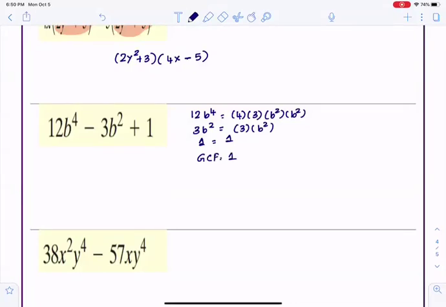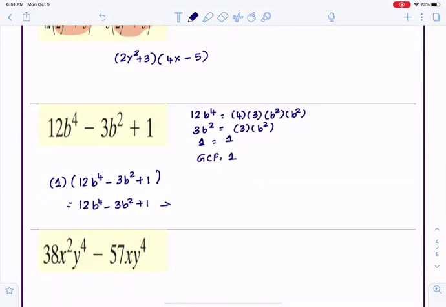And if I pull 1 out from each of those terms, I am still left with 12b raised 4 minus 3b squared plus 1, because I'm pulling out just 1. So 12b raised 4 minus 3b squared plus 1 multiplied by 1 is still the same answer. So in conclusion, that particular expression cannot be simplified further.